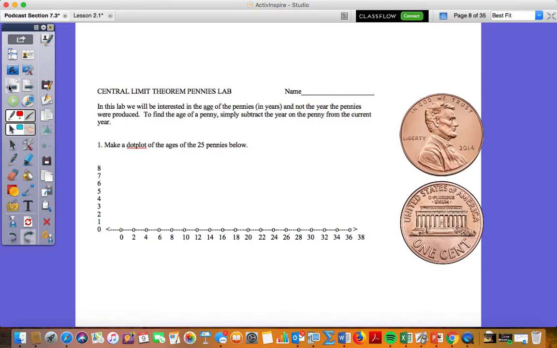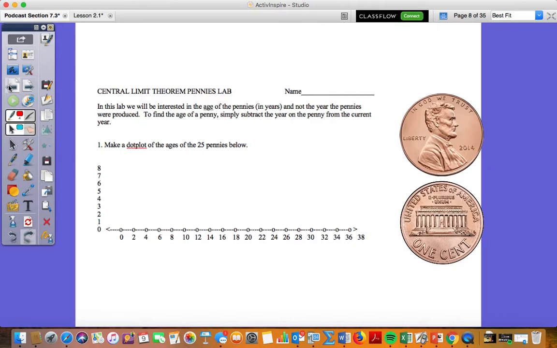All of the pennies in the world, we can't count that. If I was to find the mean age of all the pennies in the world, you wouldn't be able to. But we're going to say that this right here is our population. Every penny in this jar is our population. We're trying to find the mean age of every penny in this jar. It's going to be a lot.